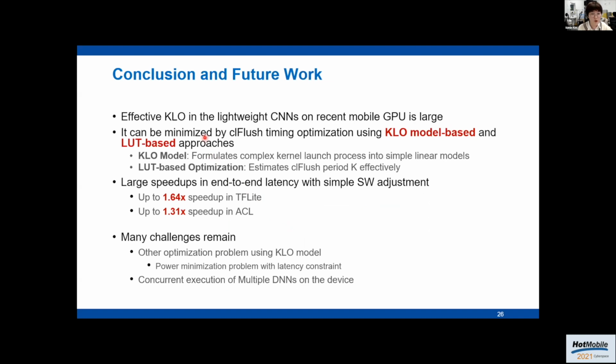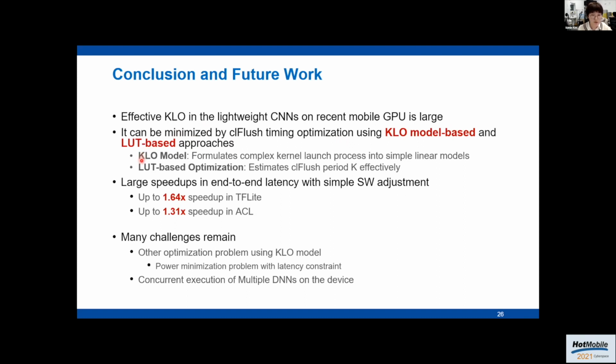In summary, we observed that Clo is large in lightweight channels, including mobile LED on recent mobile GPUs. Clo can be minimized by flush period timing optimization, and we proposed a Clo-based approach and a LUT-based approach.